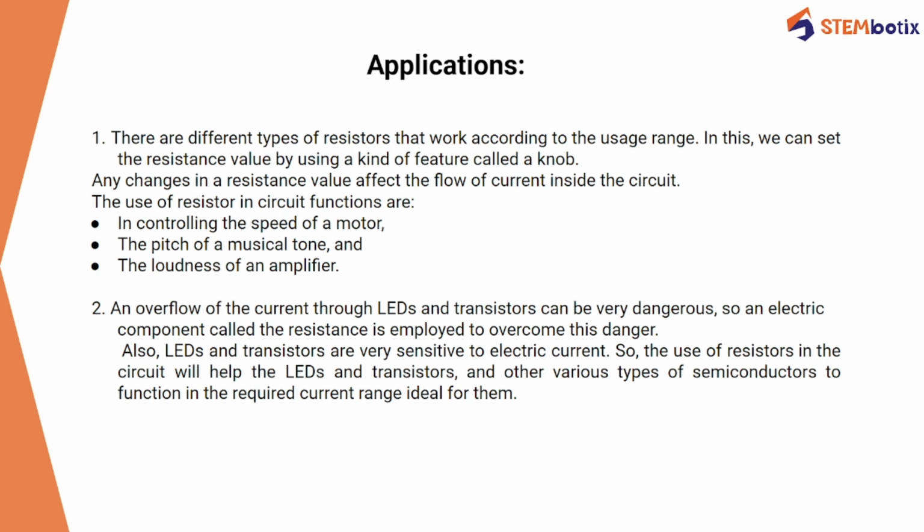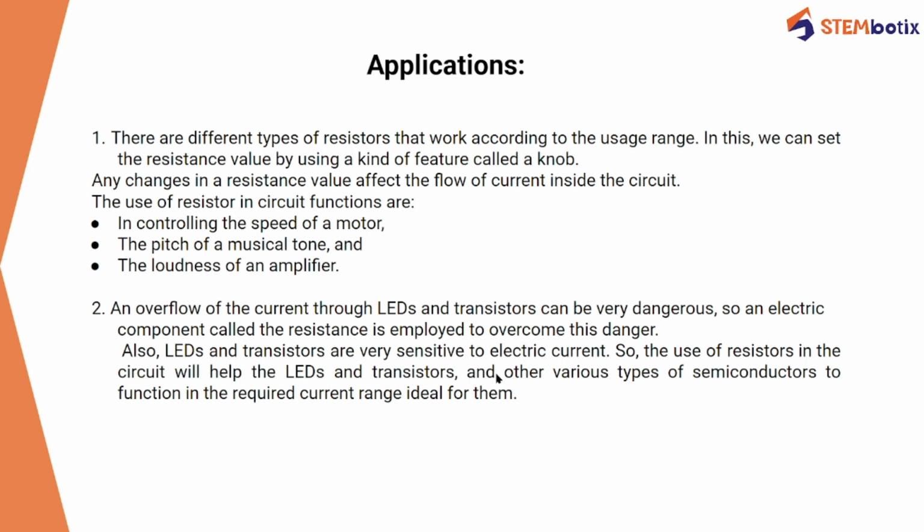There are different types of resistors that work according to the usage range. In this, we can set the resistance value by using a feature called a knob. Any change in resistance value affects the flow of current inside the circuit. The uses of a resistor in circuit functions are controlling the speed of a motor, the pitch of a musical tone, or the loudness of an amplifier.